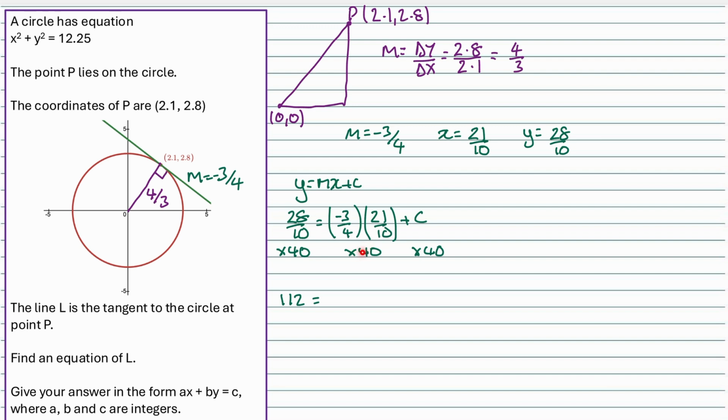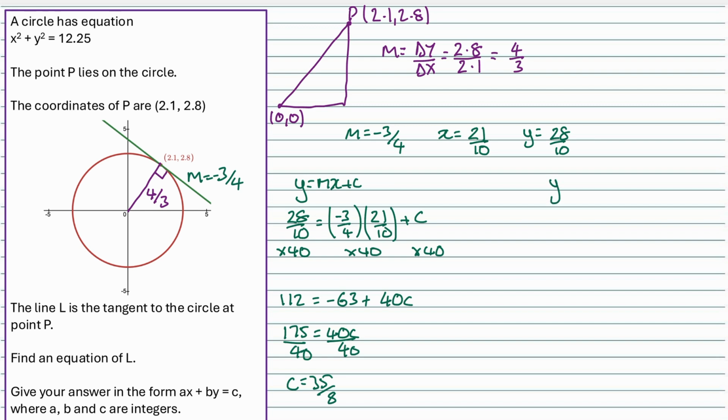And these two will cancel, so we'll get -3 times 21, -63, plus 40c. We can move this -63 over to the left-hand side, and we'll get 175. That will equal 40c. We'll divide both sides by 40, and we'll get c will equal 35/8.